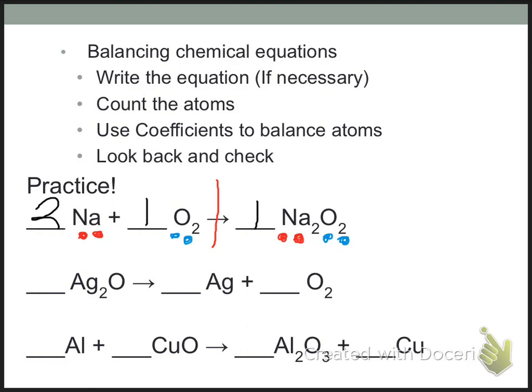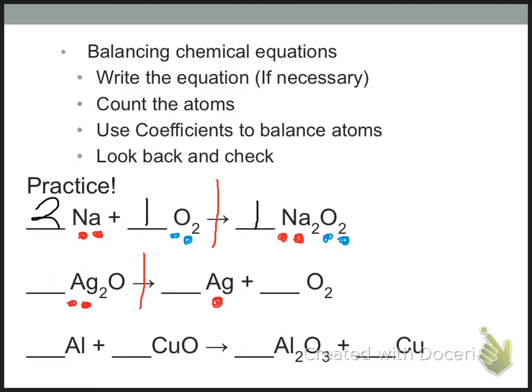I'll do the same thing. I'm going to look at my left-hand side of my equation versus my right-hand side of the equation. So I'll put a line through my yield sign or arrow to separate my left-hand side from my right-hand side. When I look on my left, I have 2 silvers, Ag is silver, on the left-hand side, and I have 1 silver on the right-hand side.